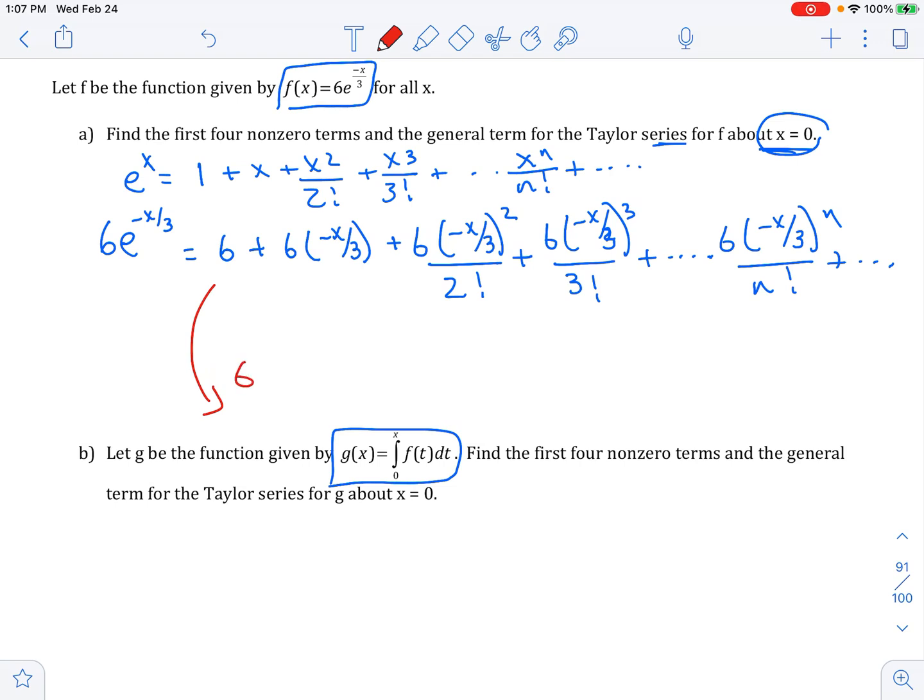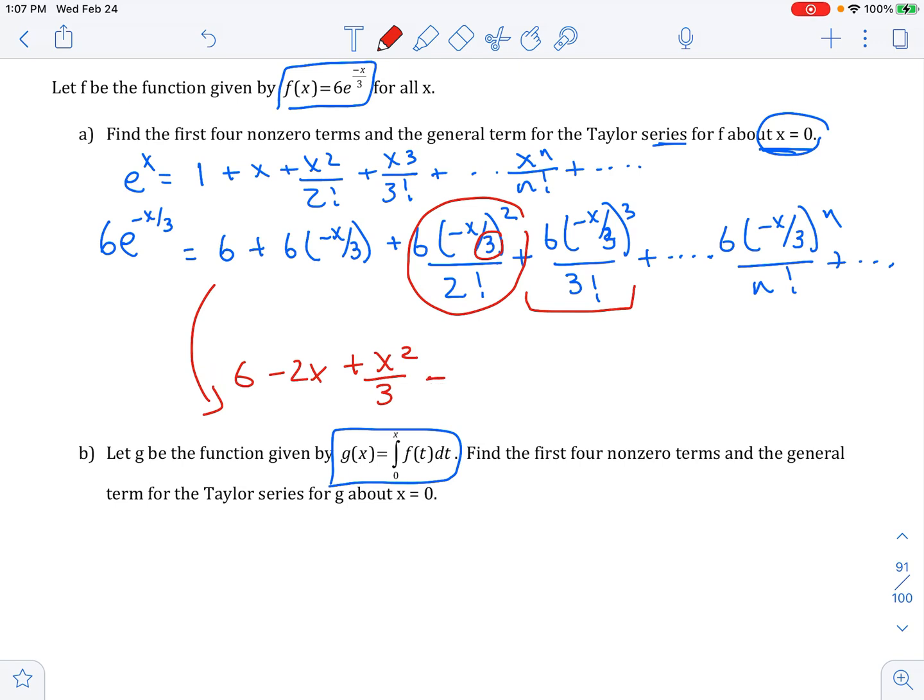So notice the second term, the 6 divided by 3 gives me 2, and I have a minus sign. If you clean this up, 6 divided by 2 is 3 on the top, and then you have this 3 squared on the bottom, so really all you end up with is a positive x squared and the 3 on the bottom. You can do the arithmetic to check for yourself.